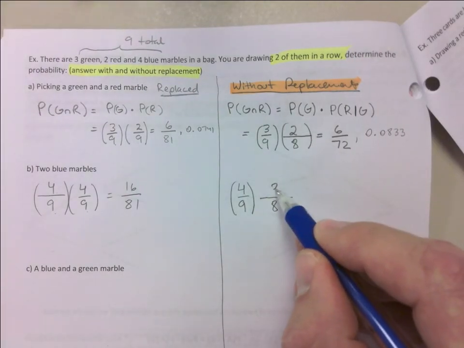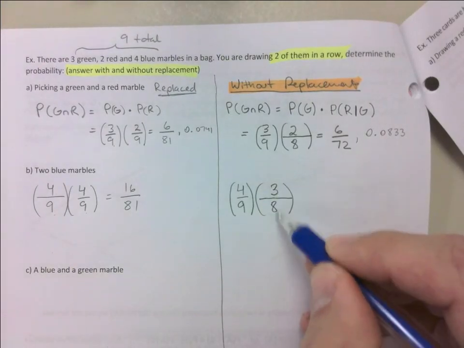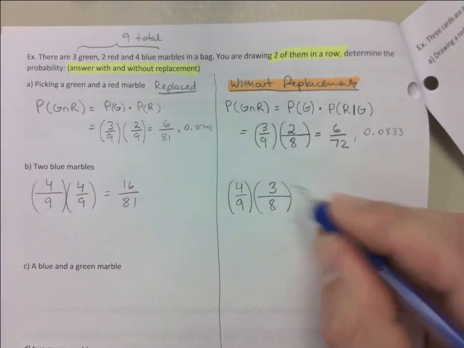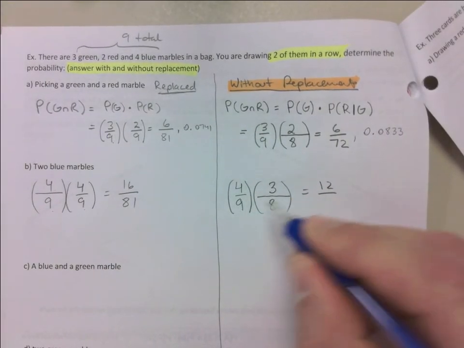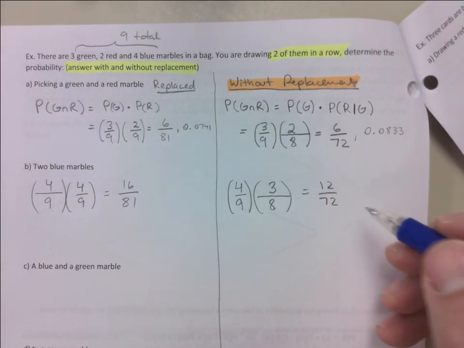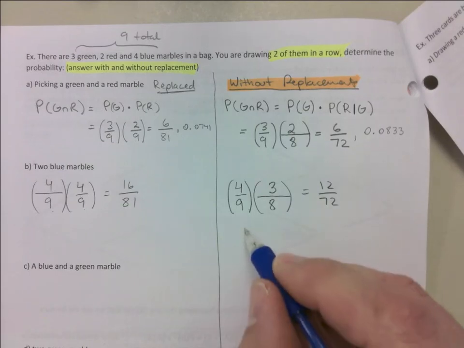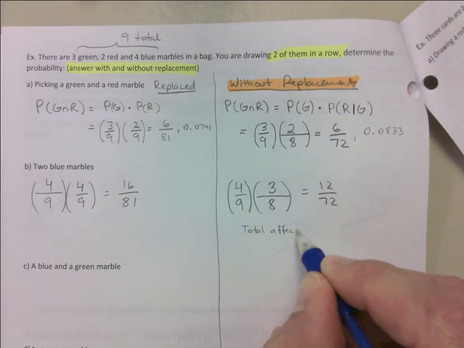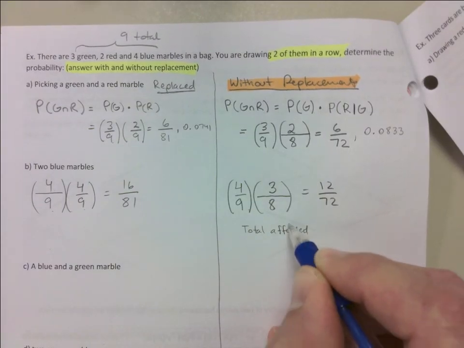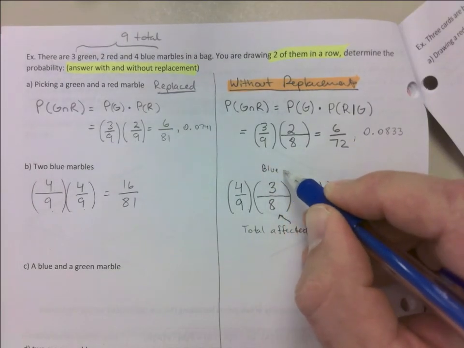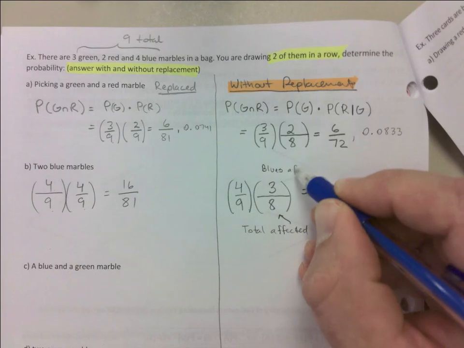So then it's 3. So this is a case where both are affected by the first one. 4 times 3 is 12. 9 times 8 is 72. I'm just going to leave it at that. Total affected. And blue ones affected.